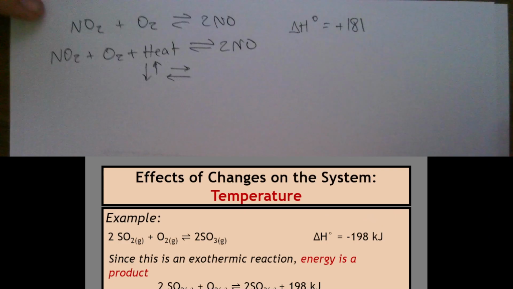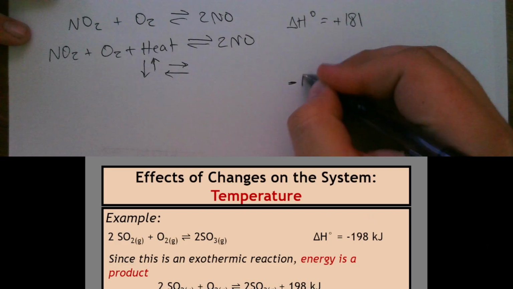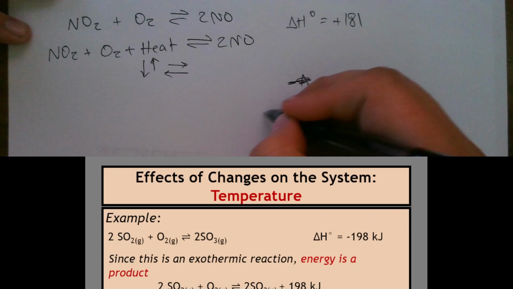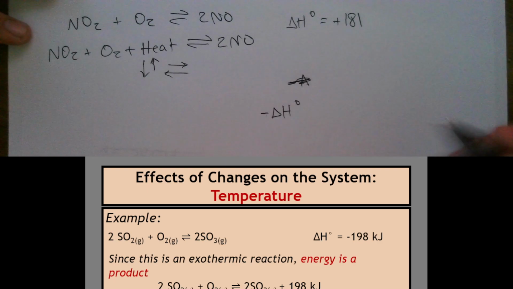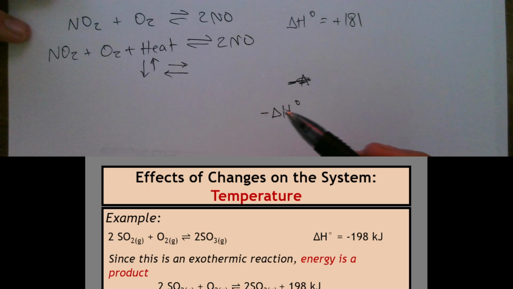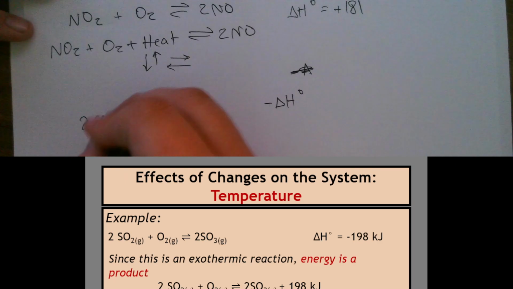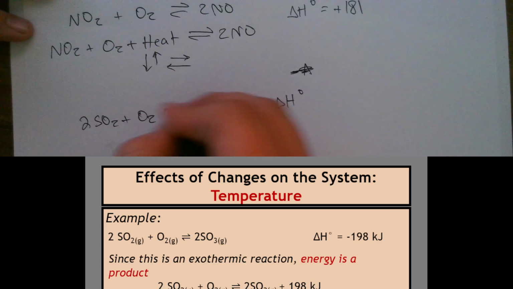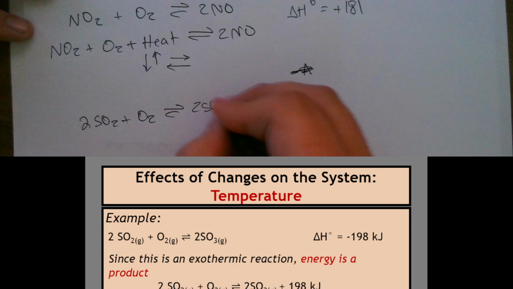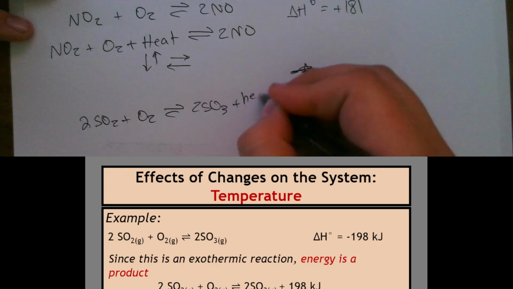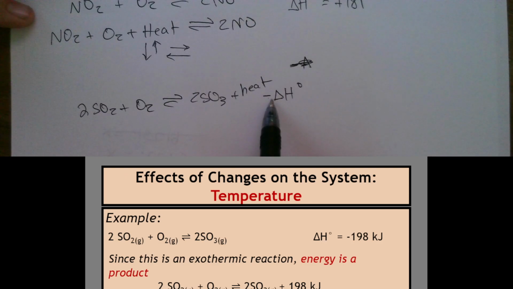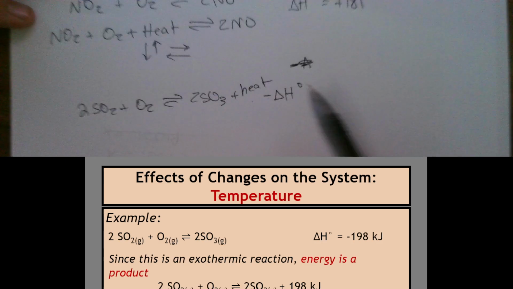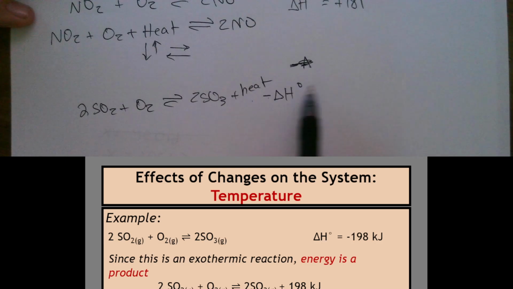A negative enthalpy means heat will be a product. So this reaction, 2SO2 plus O2 gives 2SO3 plus heat. Negative, you put it on the right. Positive, you put it on the left. We'll learn more about what this means specifically. That's all you need to know about it for now.